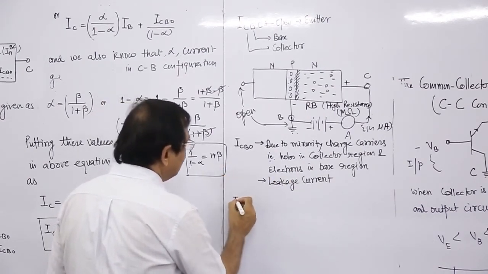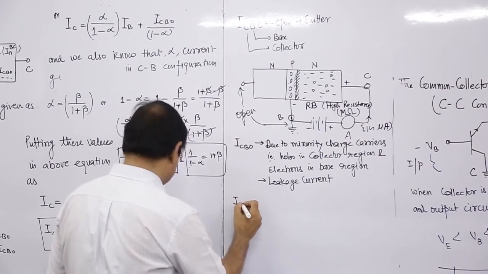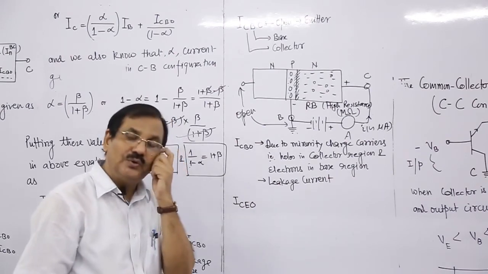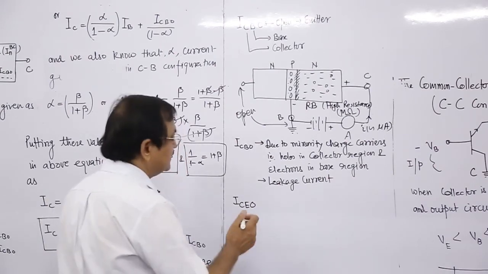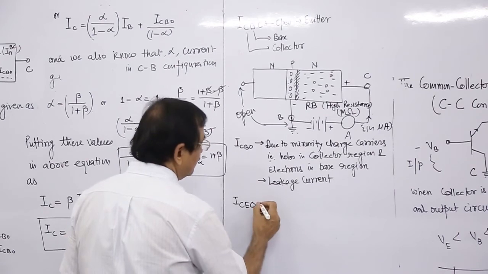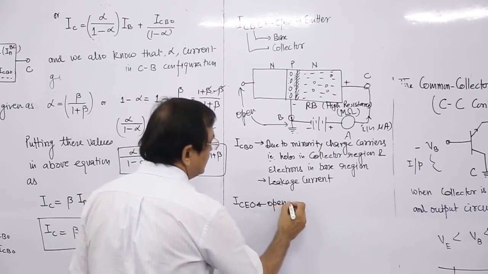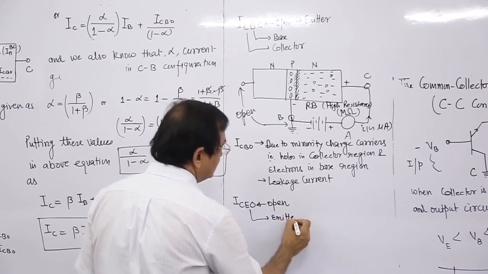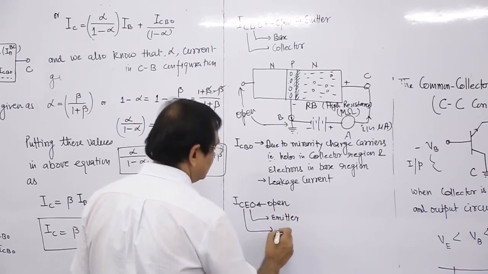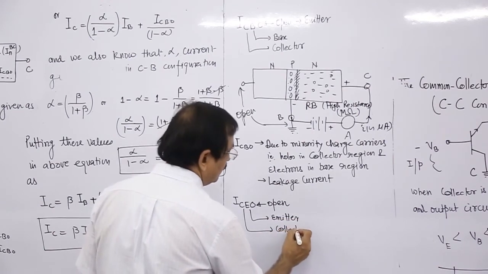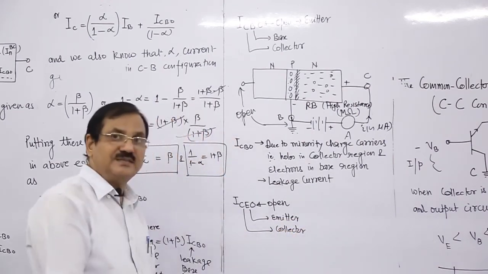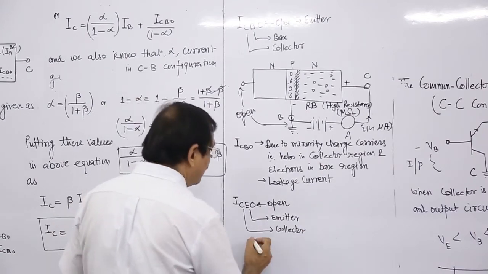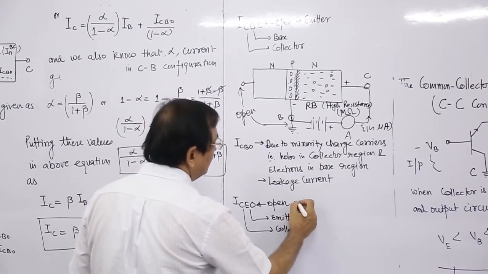The second current is ICEO. Here this is the emitter and this is the collector, with the base open.